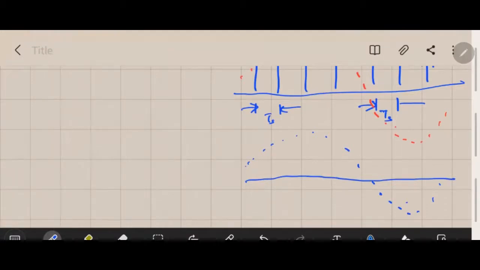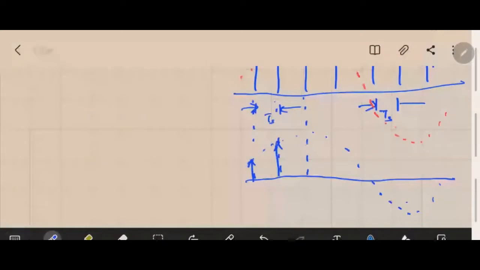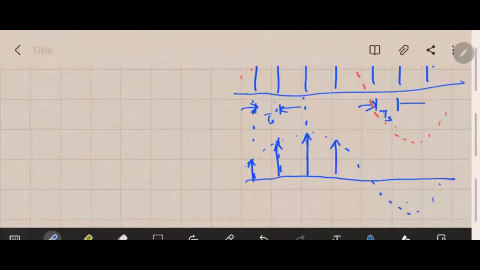That means exactly at these locations we will be having the impulses, but their amplitude would have changed according to the amplitude of the baseband signal. So this is the signal we will be getting. We were naming that signal g bar of t, the sampled signal.